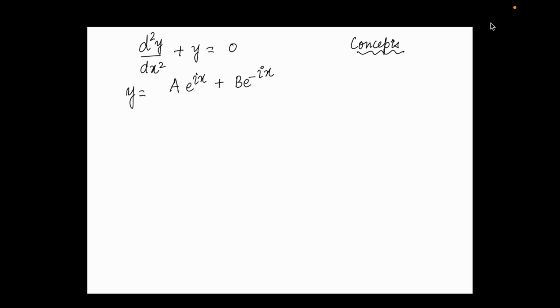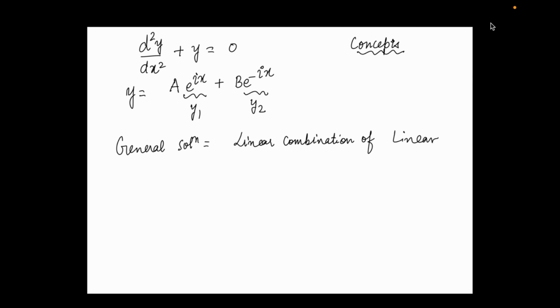But if you remember correctly, if this is y1, this is y2, you always write the general solution as a linear combination of linearly independent solutions. So that means y1 and y2 have to be linearly independent.